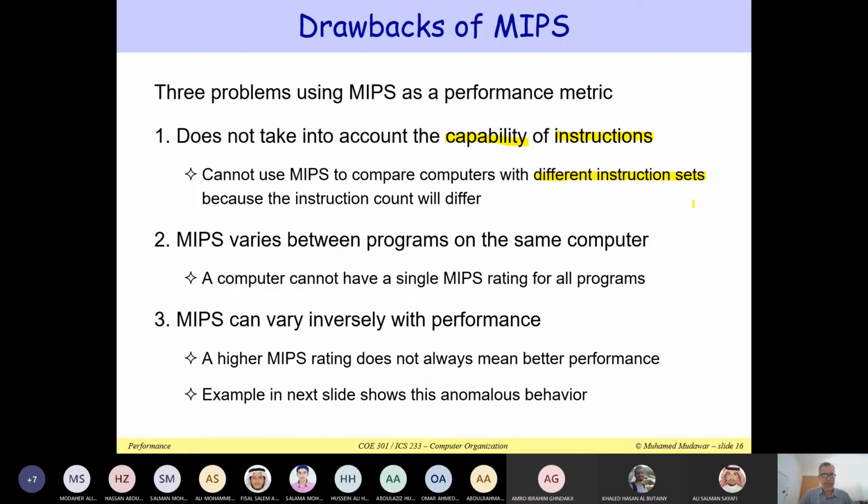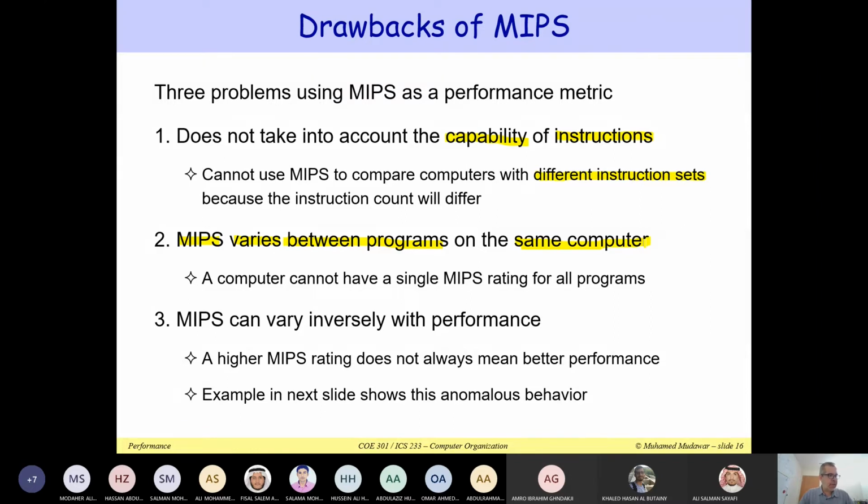A second problem is that it varies between programs on the same computer. So MIPS varies between programs, even on the same CPU, on the same computer. Even if you are using the same computer, the same instruction set, there is no fixed MIPS rating for a given CPU.